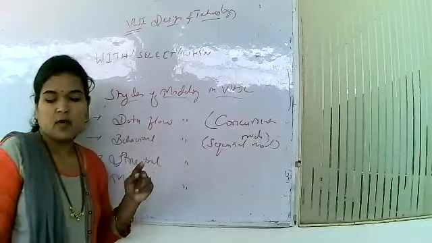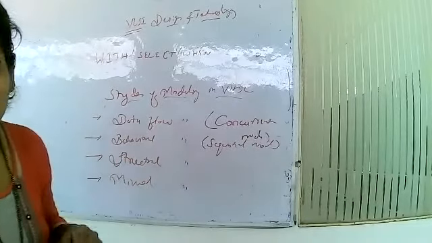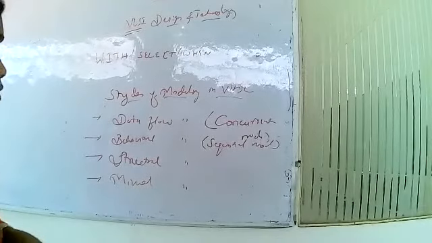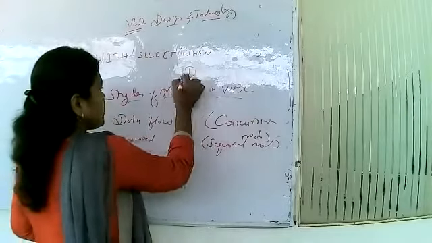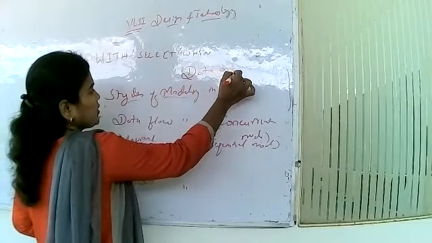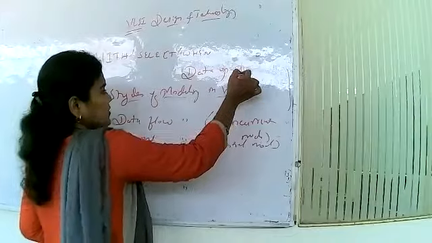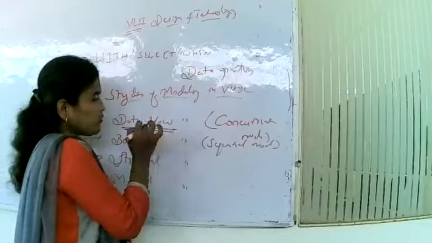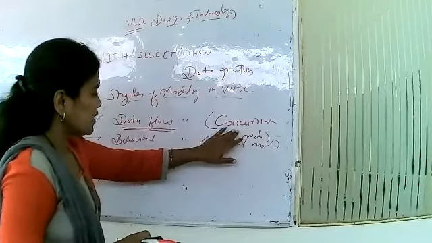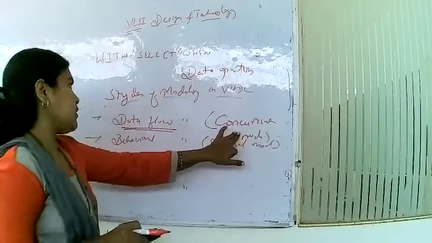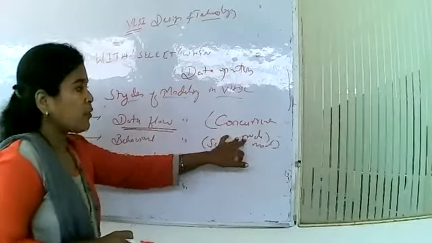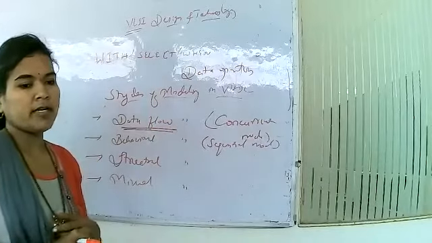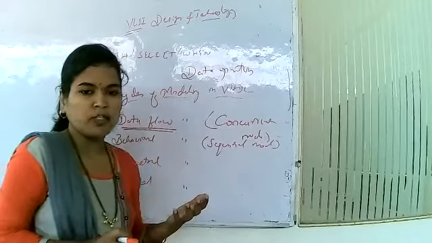In that we have 2 types. And I also explained about data operators. I am now explaining only data flow modeling. It contains concurrent statements, concurrent mode. In that I explained the data operators: shift operators, logical operators, and arithmetic operators.